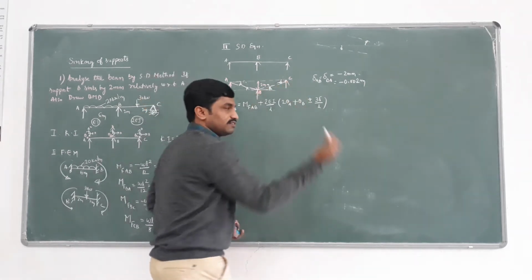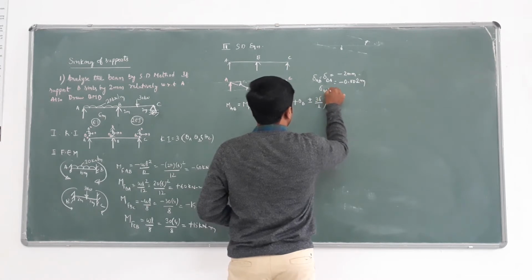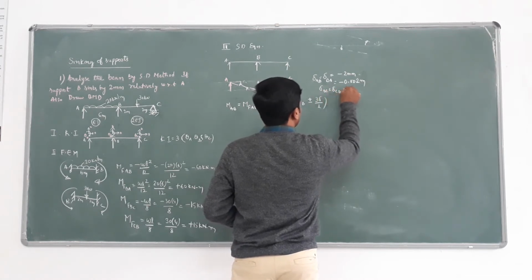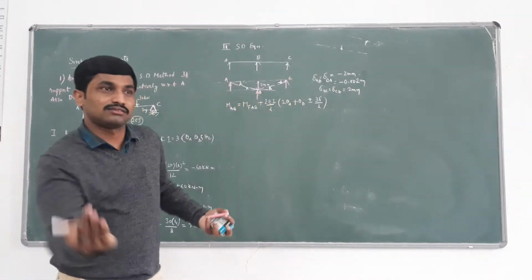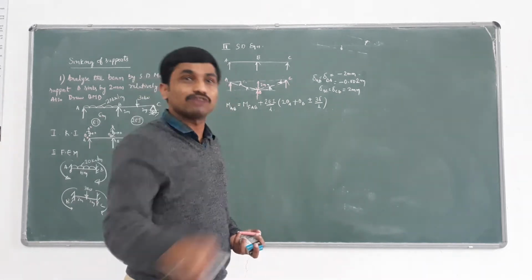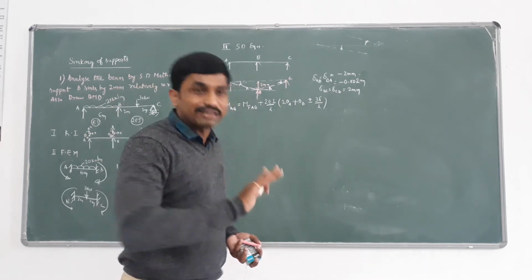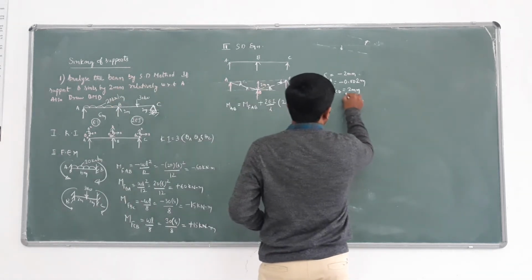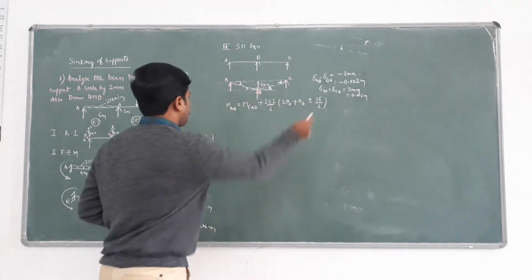Similarly, BC is above the baseline. Therefore, delta BC, which is equal to delta CB, is plus 2 mm. Why plus 2 mm? It is above the baseline. Anti-clockwise rotations are responsible for positive delta. Clockwise rotations are responsible for negative delta. So here you are getting 0.002 meters.